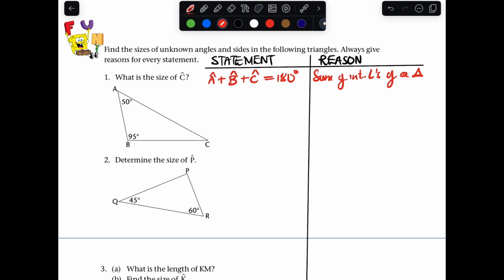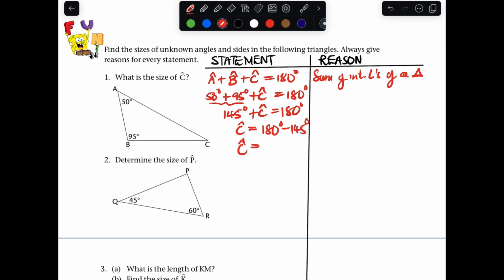So angle A is equal to 50 degrees plus angle B is 95 degrees, and angle C is the one that we're looking for, equal to 180. So when you add these two, it's going to be 145 degrees plus angle C is equal to 180. So we transpose the 145, so we'll have angle C is equal to 180 minus 145 degrees. Angle C is equal to 35 degrees. So that means this is 35 degrees.